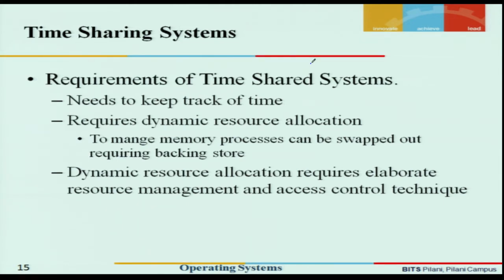So, memory, IOs, etc. are dynamically to be allocated. It is also possible at some point of time that a particular program, while it is executing, demands a large amount of memory, and that much memory is not available.